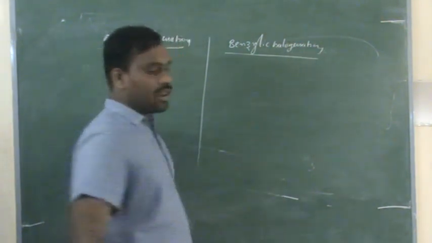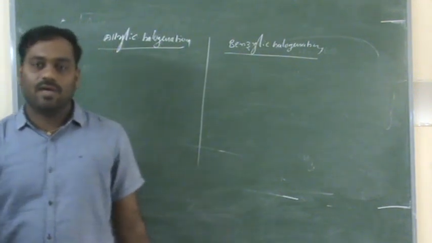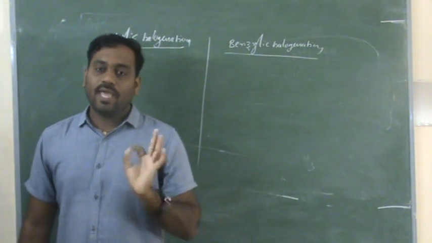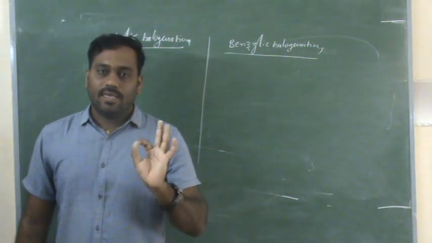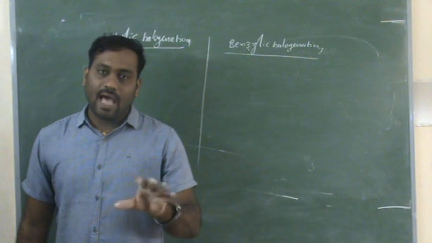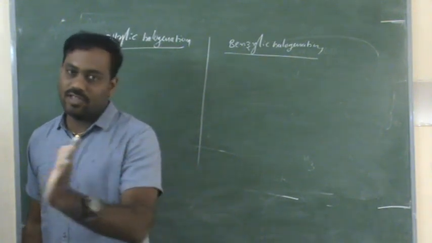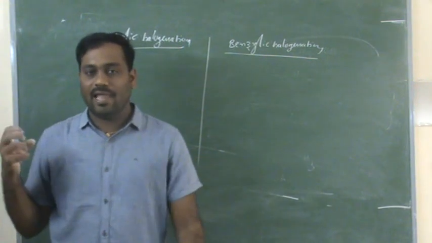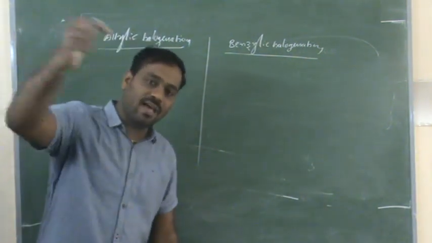What is the meaning of allylic halogenation and benzylic halogenation? Simple. If you take any compound, the allylic position hydrogen is removed and a halogen is added. Remove the allylic position hydrogen and add the halogen.